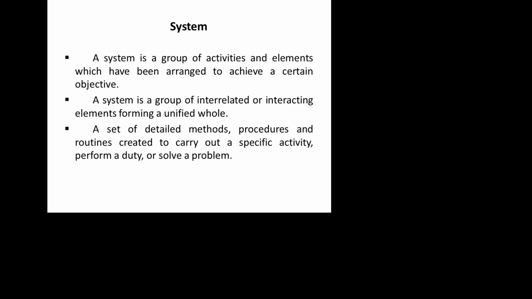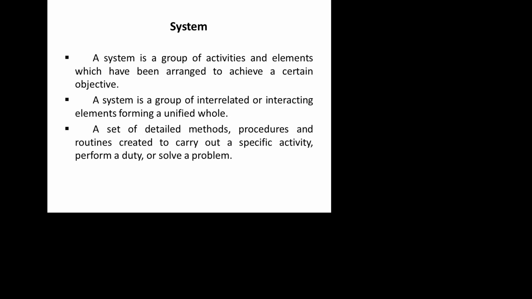What do you mean by system? A system is basically a group of activities or elements which have been arranged to achieve a certain objective of a business organization. A system may be a group of interrelated, interlinked, or interconnected, interacting elements which are forming a unified whole.